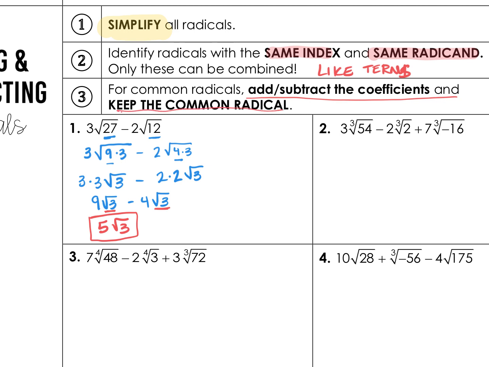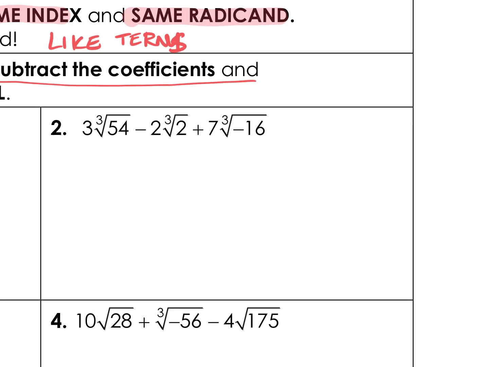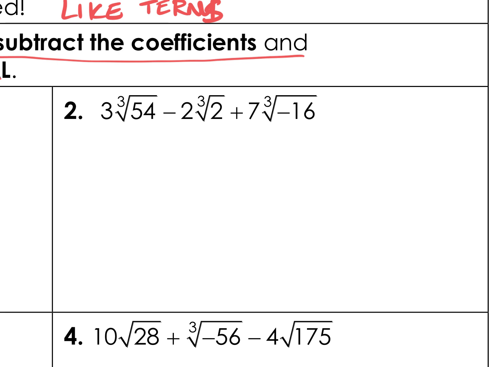So let's look at number 2. Number 2, we're looking for cube roots, so we need to look for perfect cubes that go into these numbers. 54 is 27 times 2. 2 does not have a perfect cube.